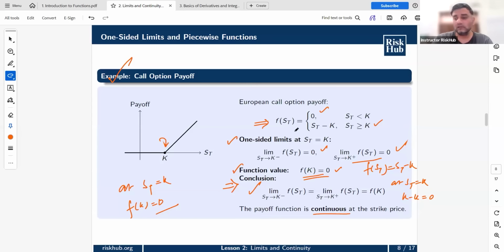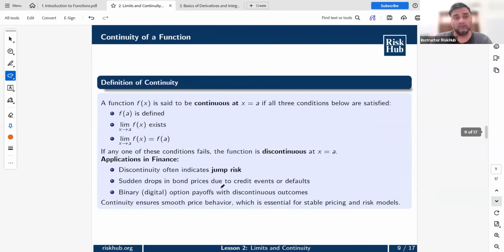Okay. All right. Then we go into the definition of continuity, right? Although we covered continuous functions, a function is continuous if the graph can be drawn without lifting your pen, right? It's very simple, continuous without lifting your pen. That means there are no jumps and no breaks. And when you look at the definition of continuity, a function is continuous if all three conditions below are satisfied.